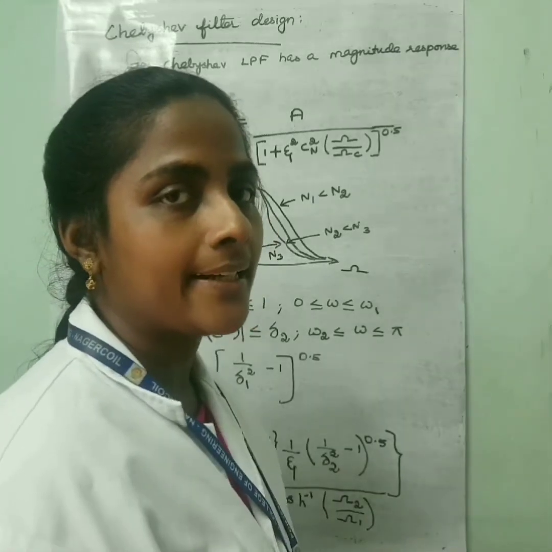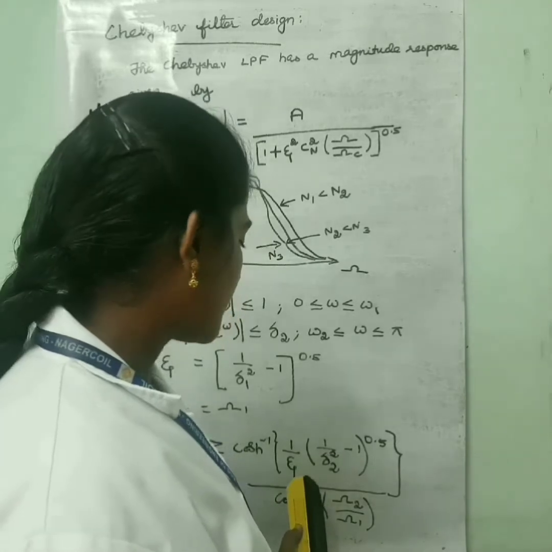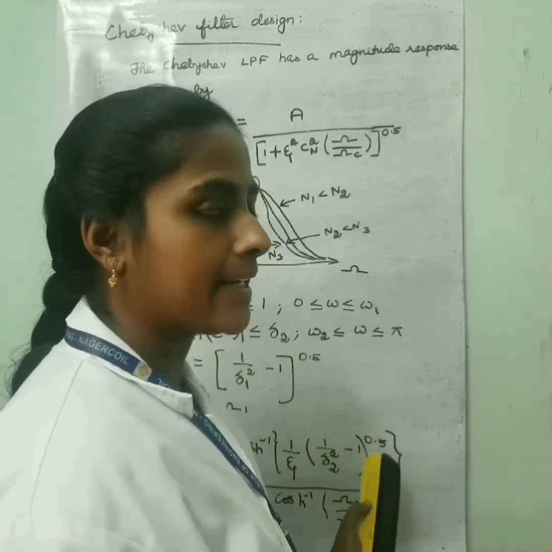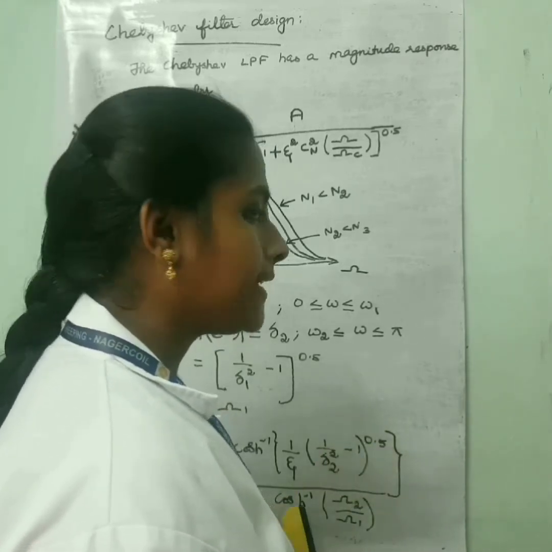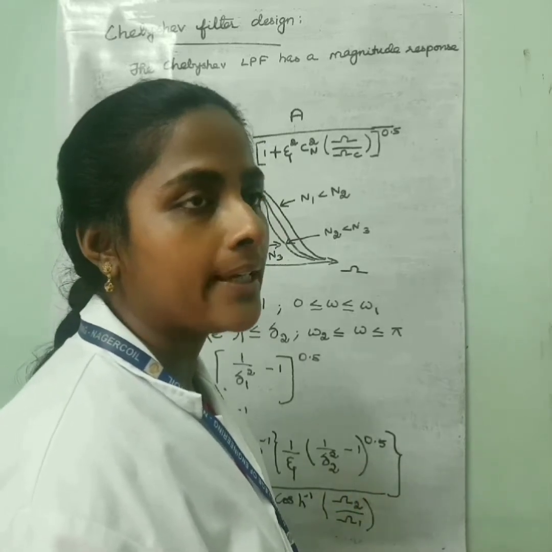The order of the filter N is greater than or equal to cosh inverse of (1 by epsilon into (1 by del 2 square minus 1) the whole power 0.5) divided by cosh inverse of omega 2 divided by omega 1.